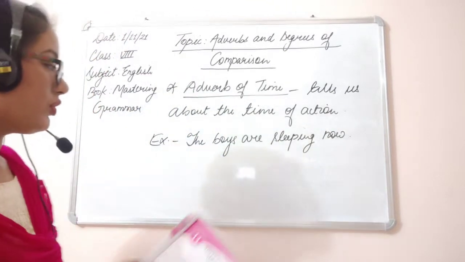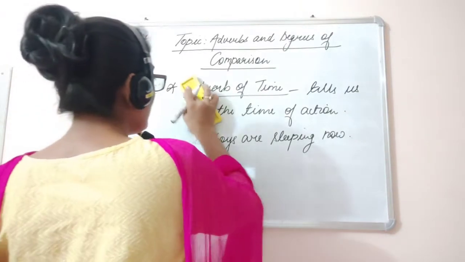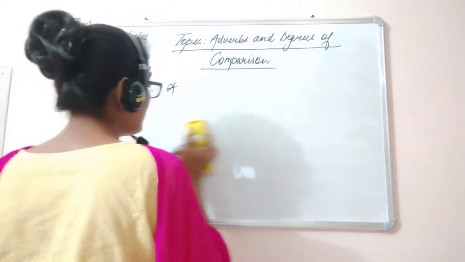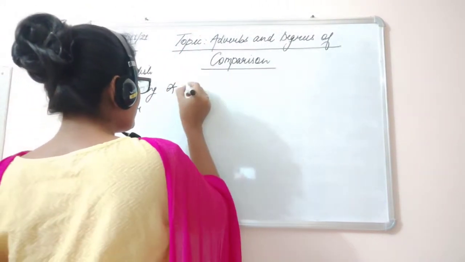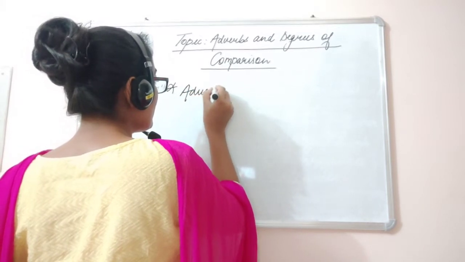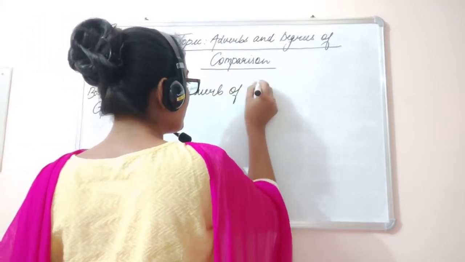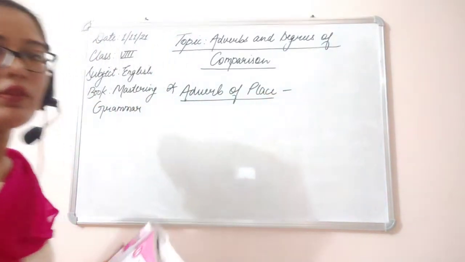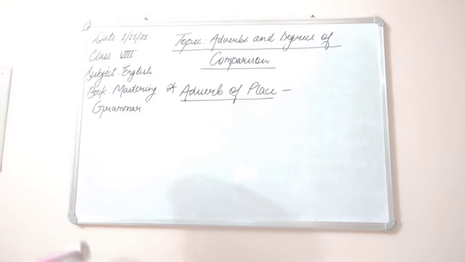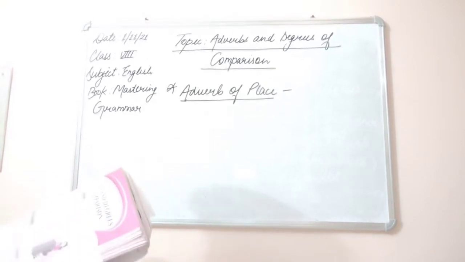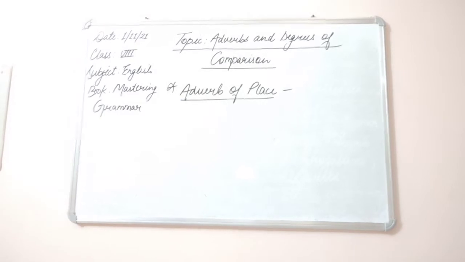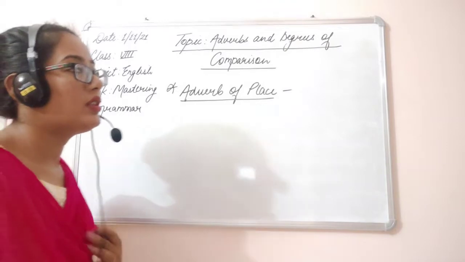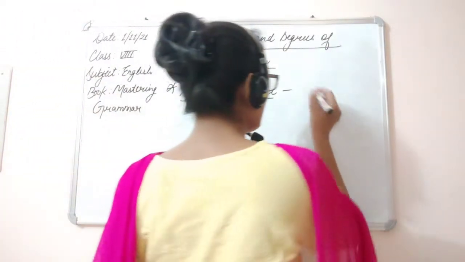Now let's move on to another adverb, adverb of place. So what is adverb of place? It indicates where an action takes place. Okay, कहाँ पे, किस जगह पे, at what place the action took place.